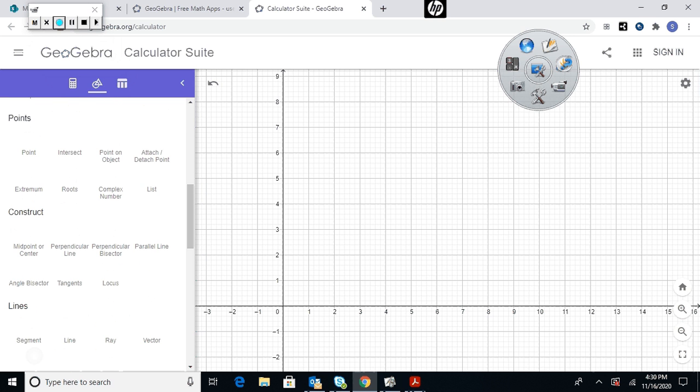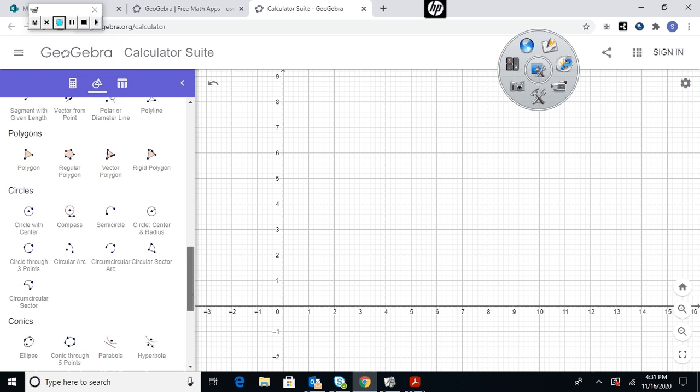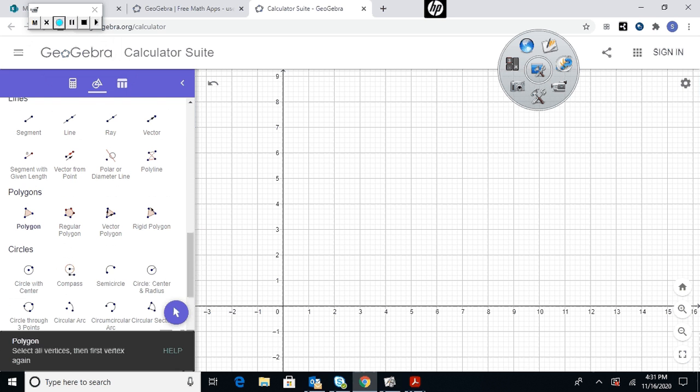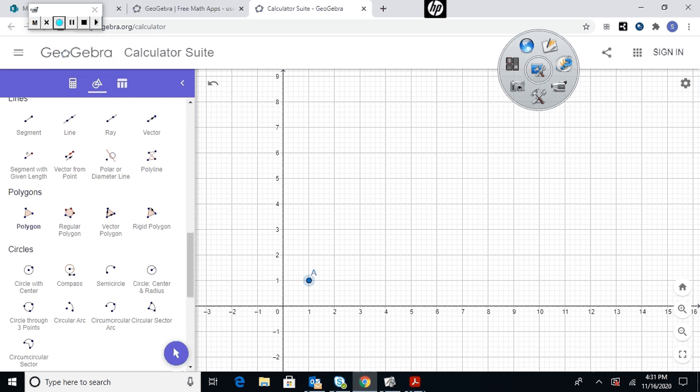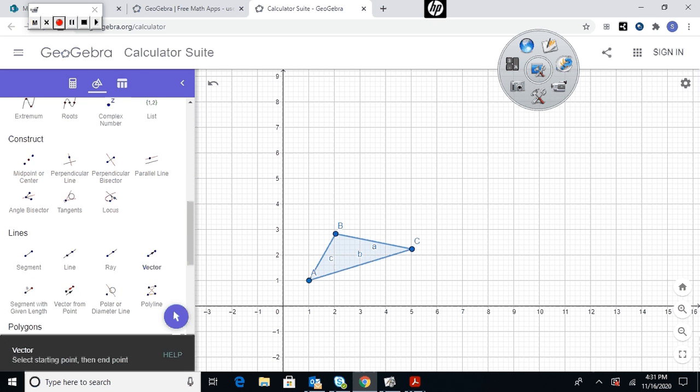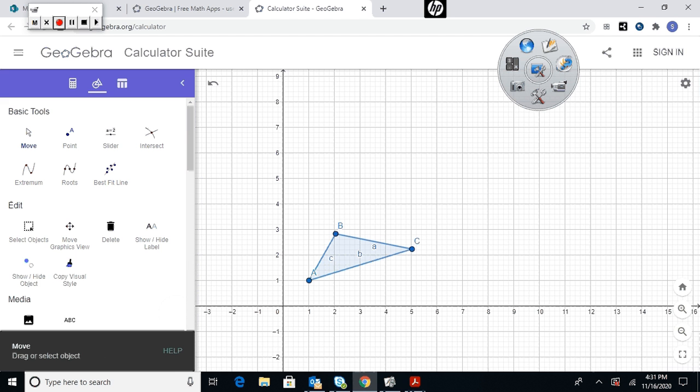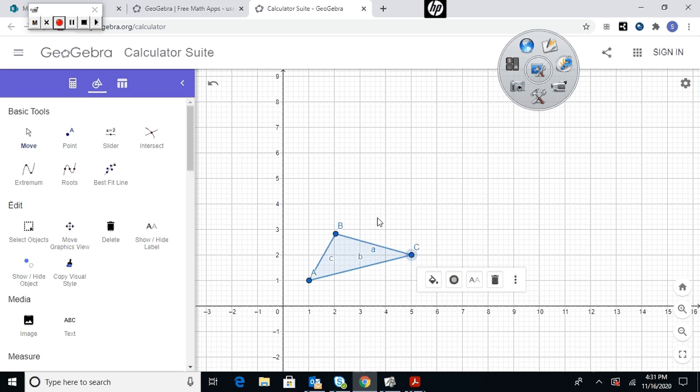So you got to go down to more, polygons at 1, 1, 2, 3, and 5, 2. Oops, not quite on 5, 2 with this point. So I'm just going to drag it to 5, 2.